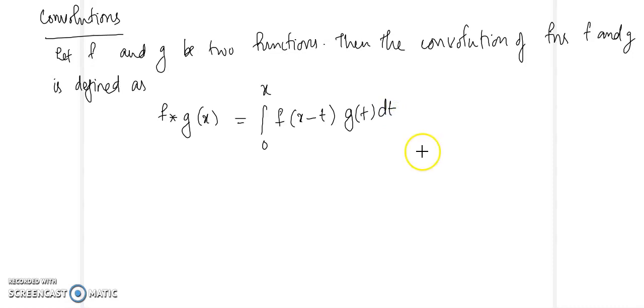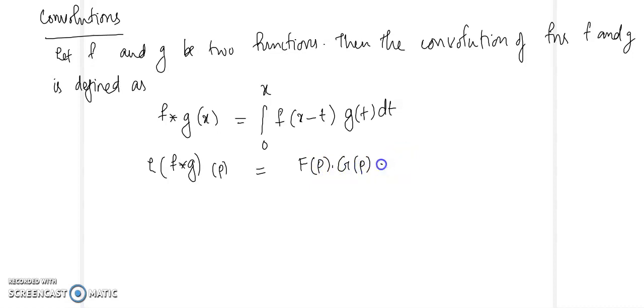This integral is called the convolution integral, and let us now look at what is the Laplace transform of the convolution of two functions. So L of f star g of p, the Laplace transform of the convolution, is given by f of p into g of p.